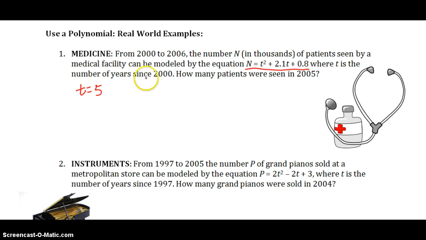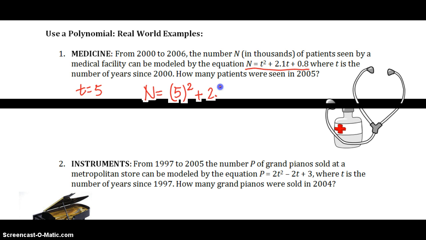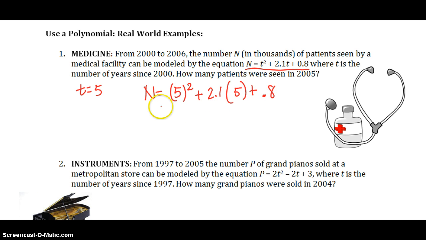So we'll take our n equals, we'll substitute in place of t, 5 squared plus 2.1 times 5, and there's the cute little clip art making us jump around. And I'll let you all punch that in your calculator and find out that n equals 36.3.